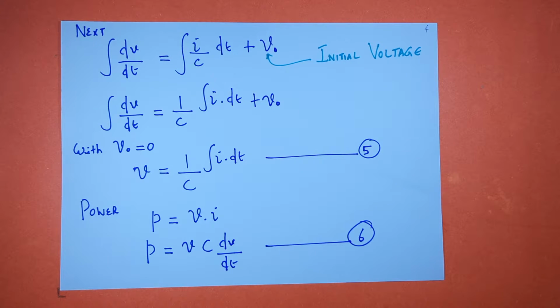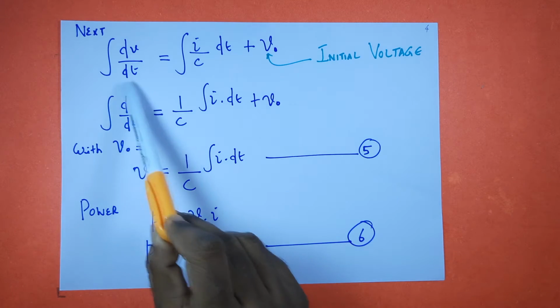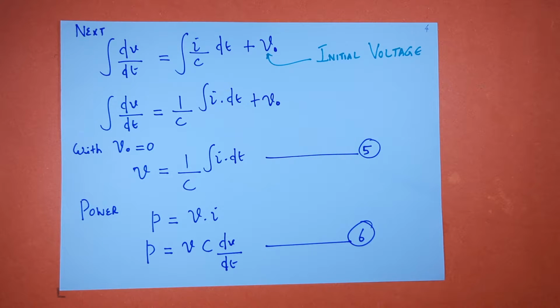C is constant, you can take it outside the integral: 1 by C integral I dt plus V naught. Suppose the initial voltage is 0, then V equal to 1 by C integral I dt. You call this equation number 5.